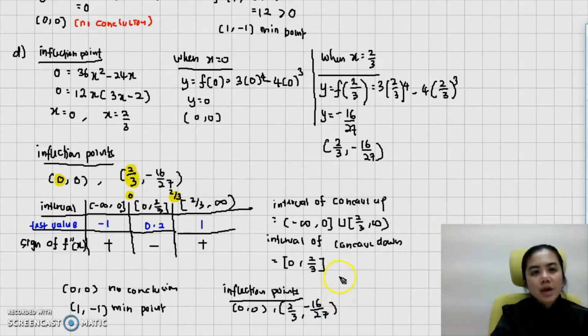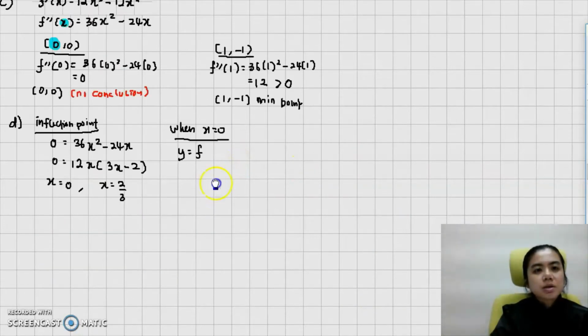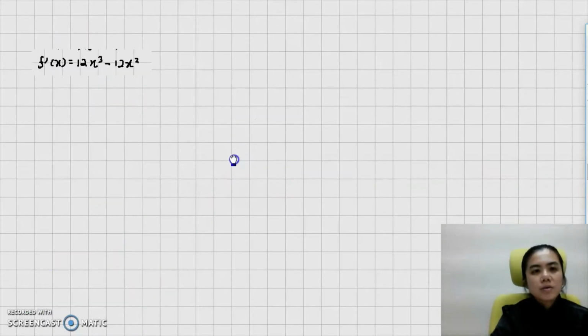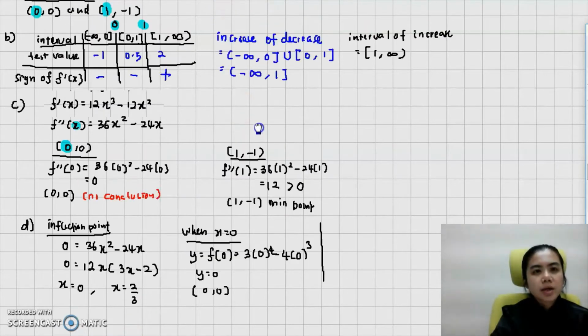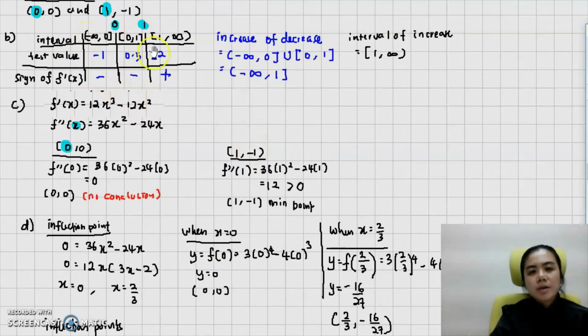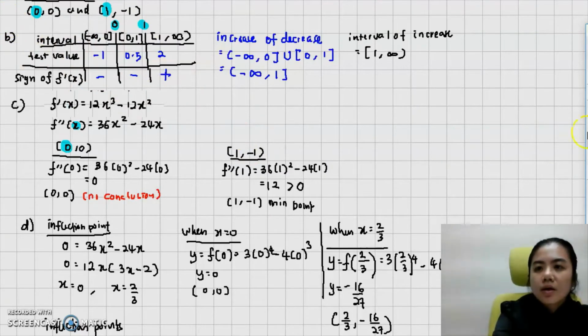What else do we need? We need the table of increasing or decreasing, right? So we need that particular table. Let's go back to that table. Let me copy this table.